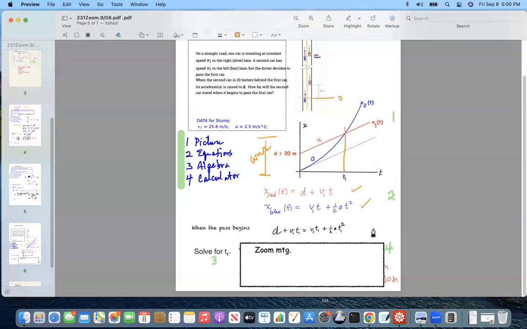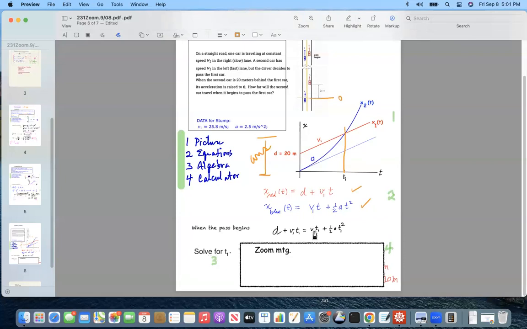But this is an equation where the only unknown is t1. See, d is 20, v1 is 25.8, a is 2.5. So in this equation, the only unknown is t1. So the algebra comes in determining t1, but that's not quite the answer.